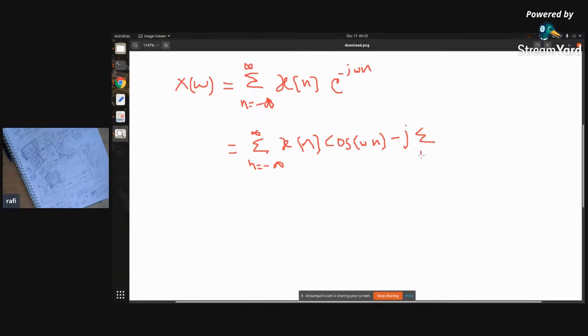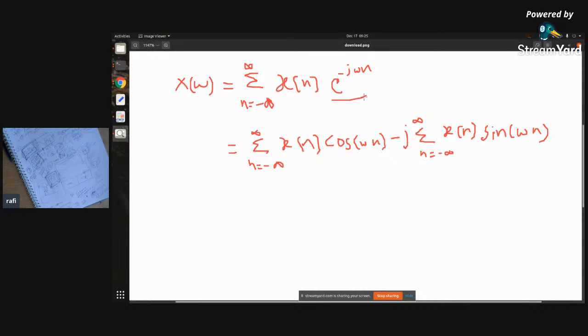Again, I am taking summation because it is a linear operator: summation minus infinity to infinity x of n cos omega n, and summation of x of n sine omega n.